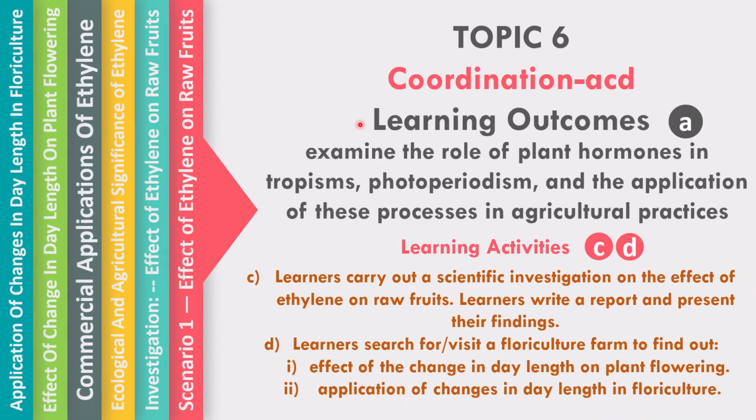Thank you very much for participating. Learning outcome A: examine the role of plant hormones in tropism, photoperiodism, and application of these processes in agricultural practices. We have looked at learning activities C and D. Learners carry out a scientific investigation on the effect of ethylene on ripening fruits, and write a report and present their findings.